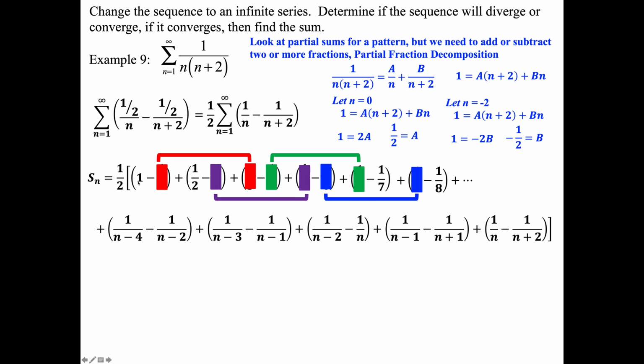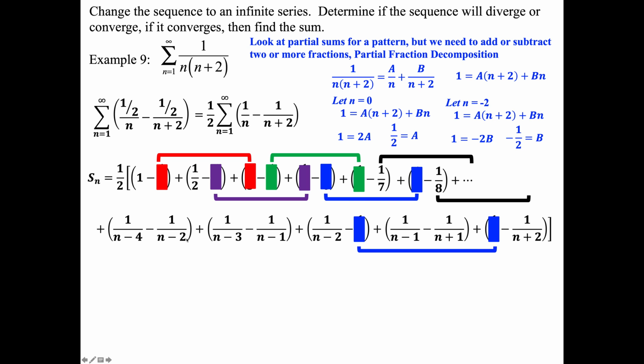But we did have some leftovers at the beginning, so that means there's going to be some leftovers at the end. Oh, let's see. 1 over n minus 1 over n. Those are going to cancel. Going back here, the minus 1/8, minus 1/7, they're going to find something to cancel with. Minus 1 over n plus 1.